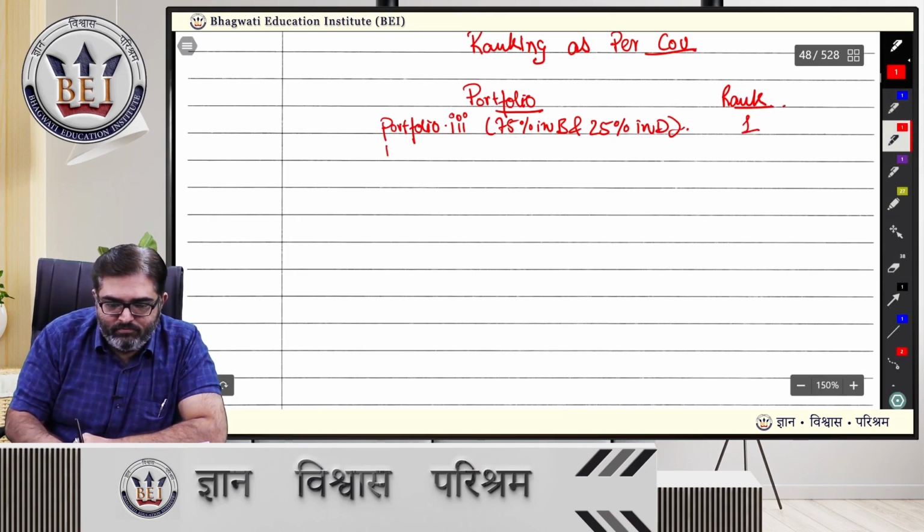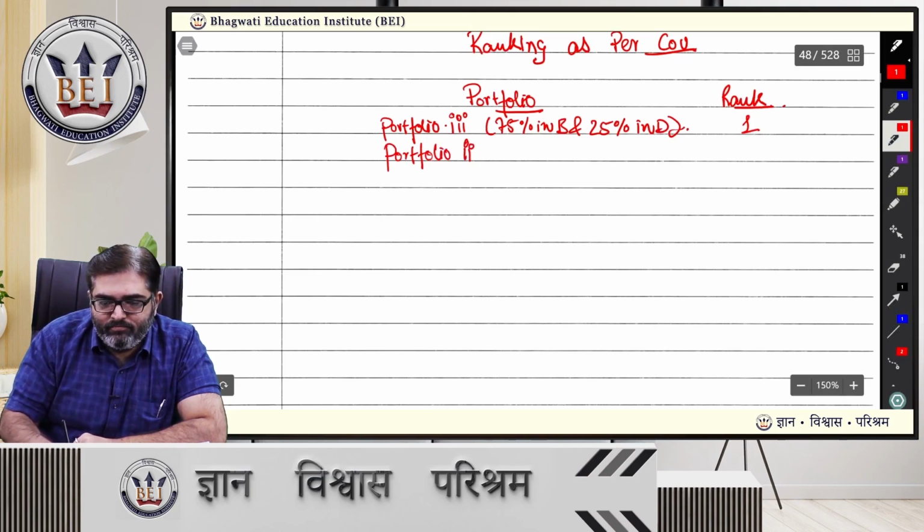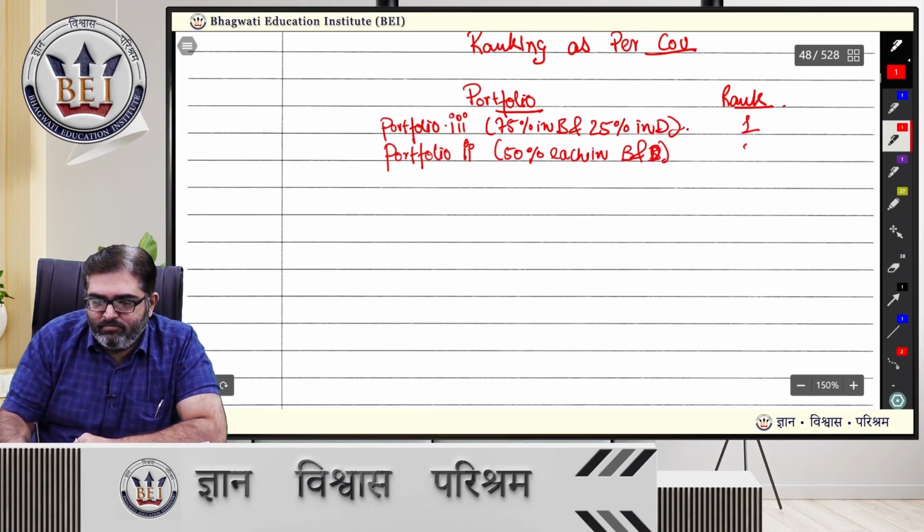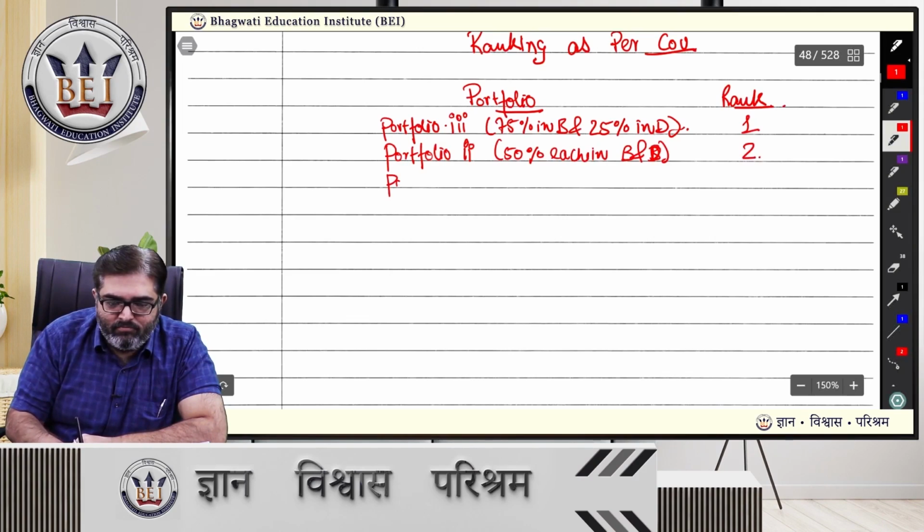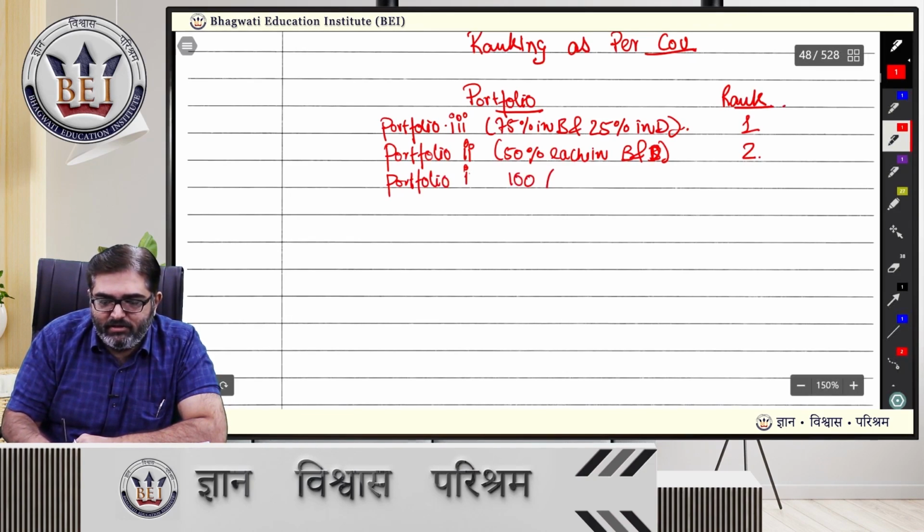Rank 1, portfolio 2, 50% each in B and D. Second rank, portfolio 1 is given on the scale above, 100% in B, ऊपर दिया हुआ है पोर्टफोलियो के हिसाब से, and portfolio 4.